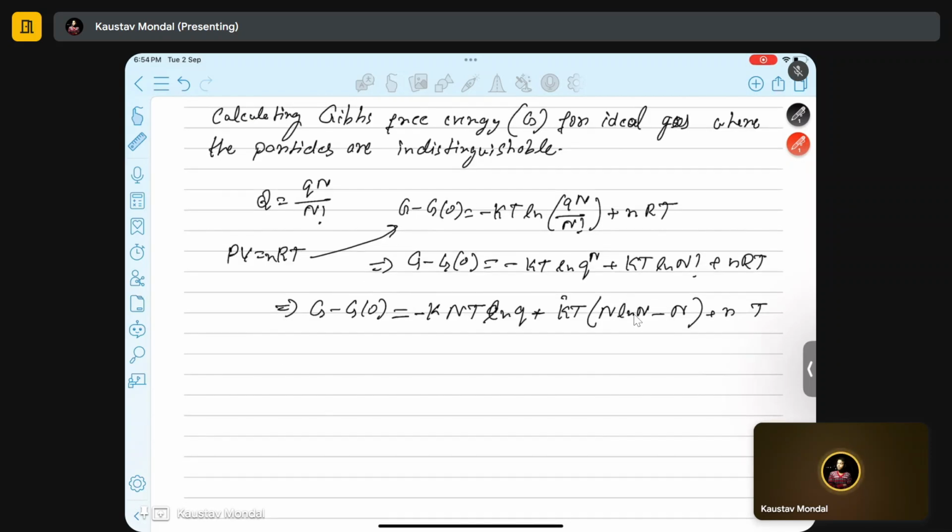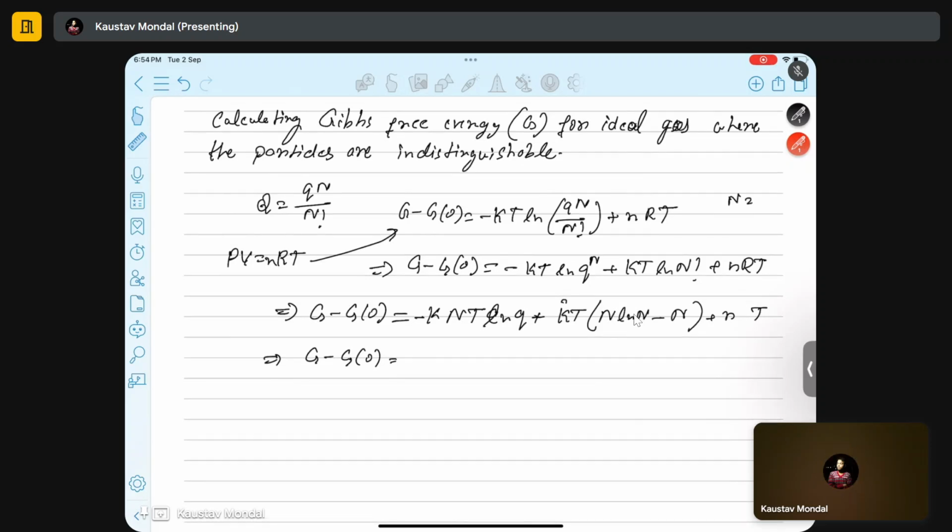Now what we'll do, we will simply write G minus G0 as NKT. So n is basically the number of moles times the Avogadro constant, right? So Avogadro constant times K is equal to R. So N_A times K is equal to the ideal gas constant R, right?